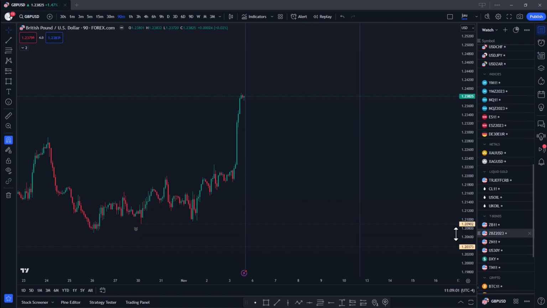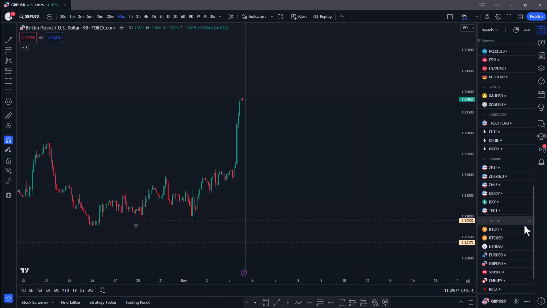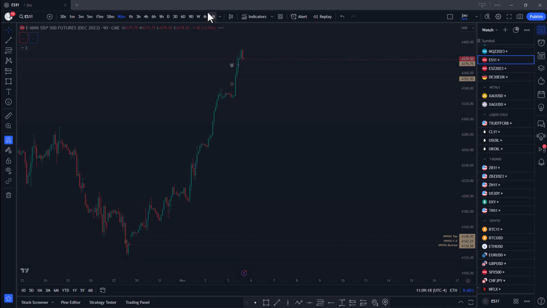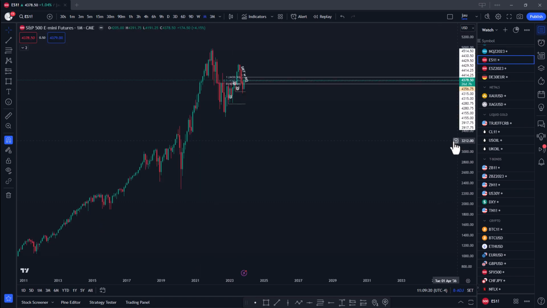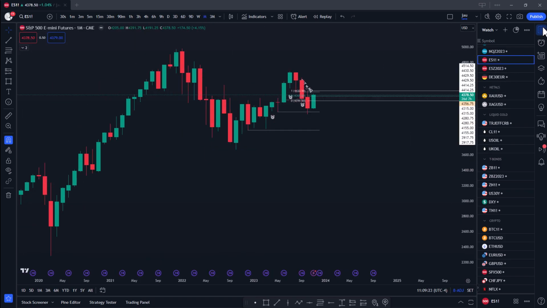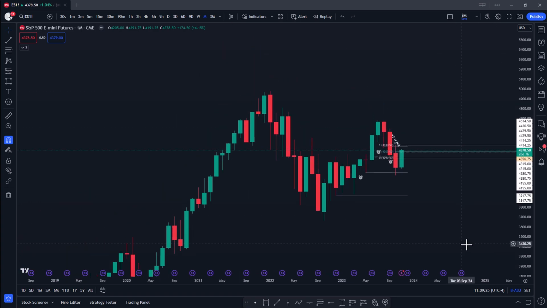So let's move on to the indices, starting with ES, E-mini S&P 500. Let's start with the monthly as the other asset class as well.